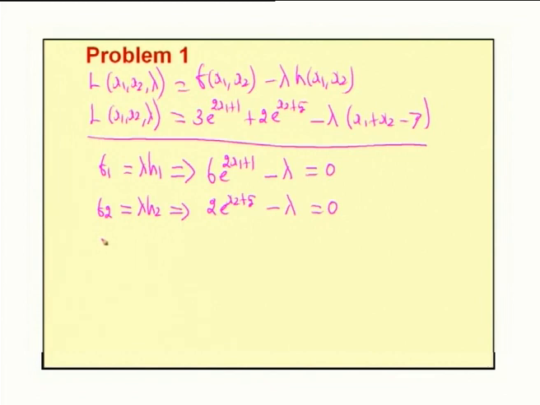The third condition is minus h(x) equal to 0. So, minus h(x1, x2) equal to 0 gives us minus of (x1 plus x2 minus 7) equal to 0. So, the necessary conditions for the given NLPP give us 6 e^(2x1+1) minus λ equal to 0, 2 e^(x2+5) minus λ equal to 0, and minus of (x1 plus x2 minus 7) equal to 0.